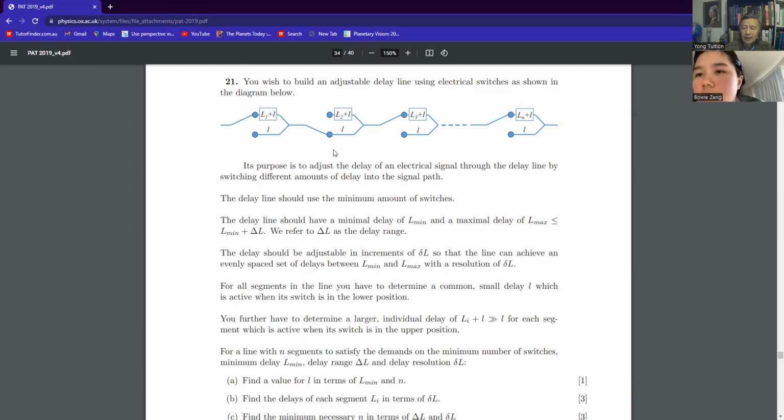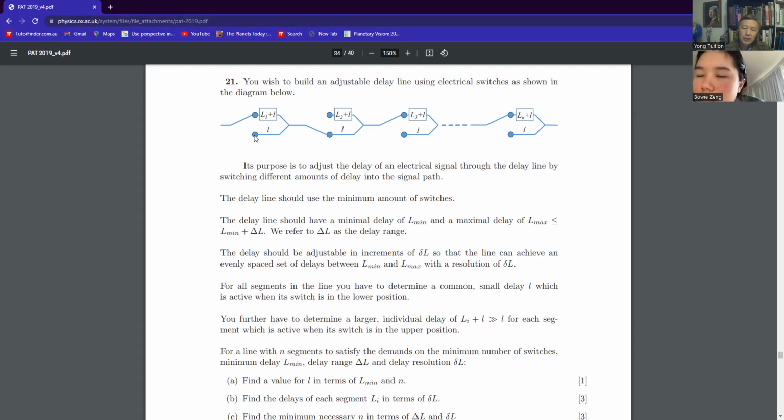Essentially, we have to keep the electrical connection connected. Therefore, you have at least the minimum distance. The minimum delay is when the switch is down, otherwise there's no signal.